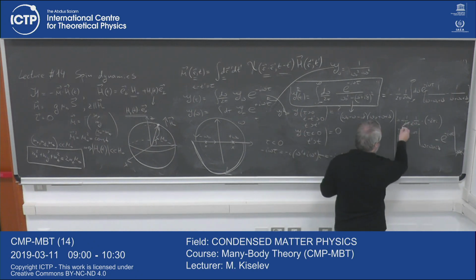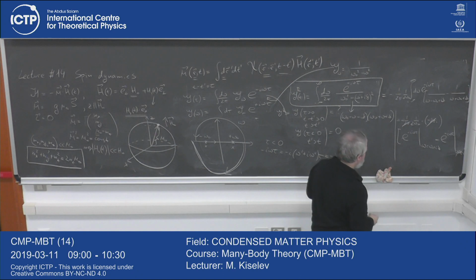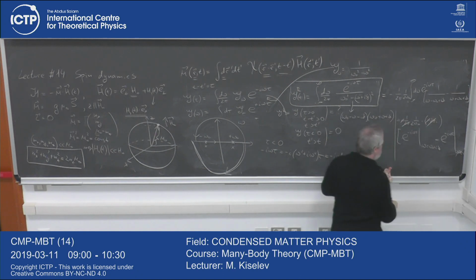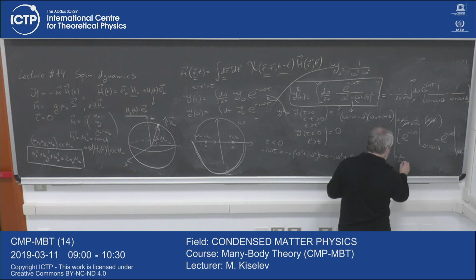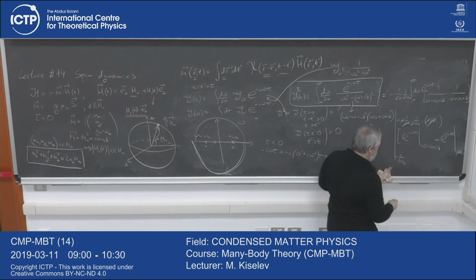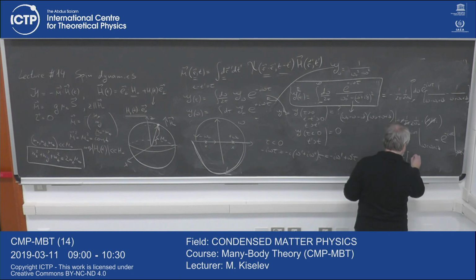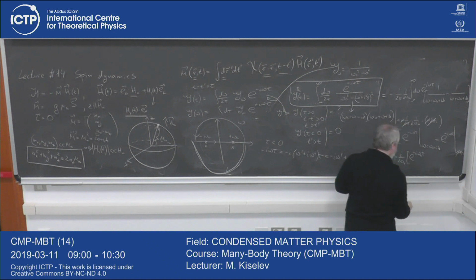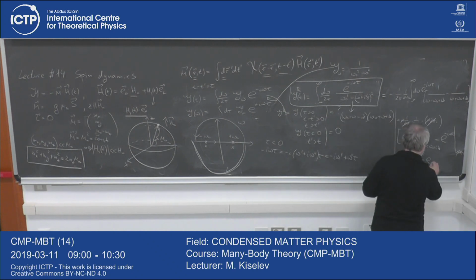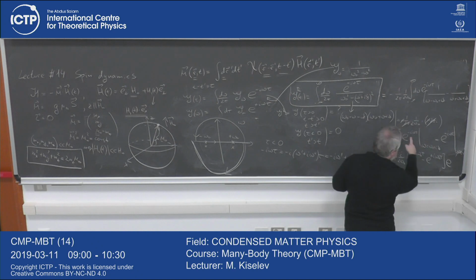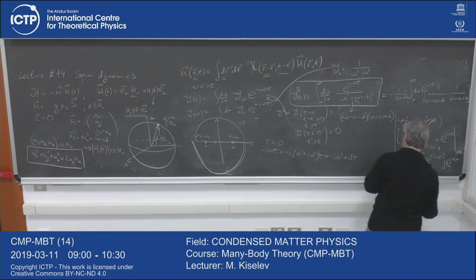So 2 pi and 2 pi cancel out, minus and minus cancel out. What I have is i over 2 omega naught. At this residue, I have e to the power minus i omega naught tau minus e to the power plus i omega naught tau, times e to the power minus delta tau, since i times i gives me minus delta tau.